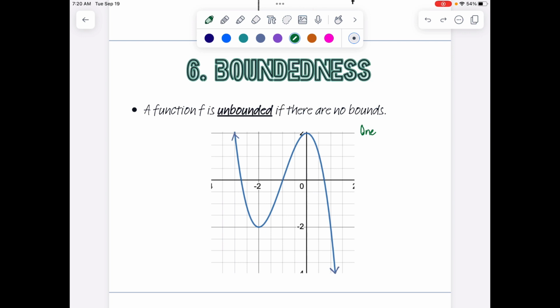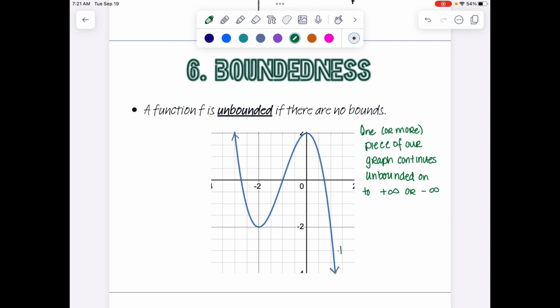Actually, I'm going to put one or more pieces of our graph continues on to positive infinity or negative infinity, right?